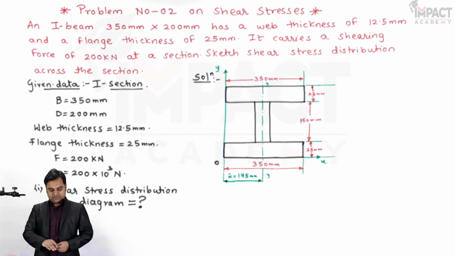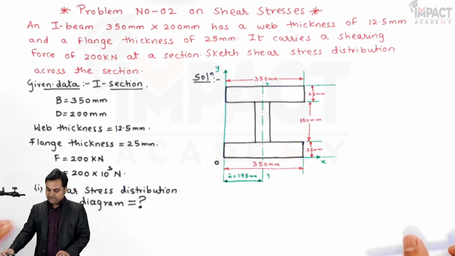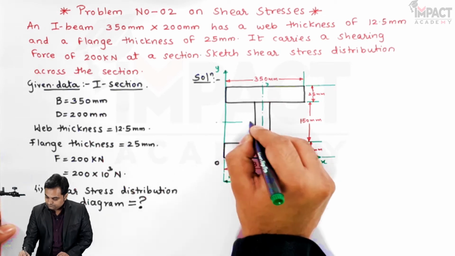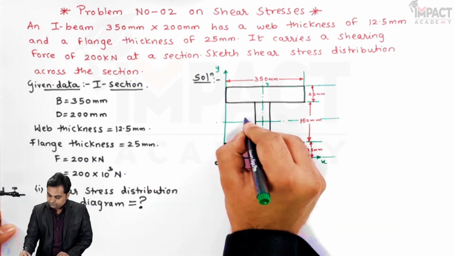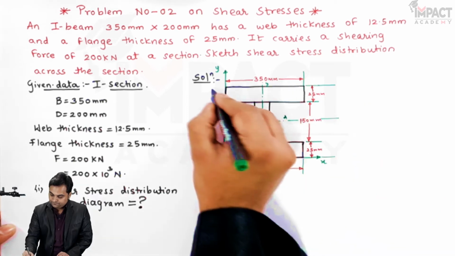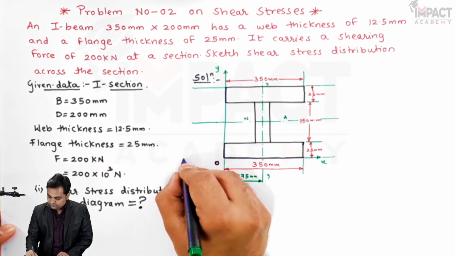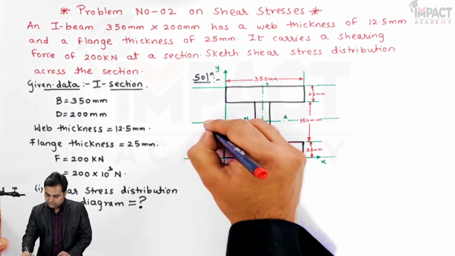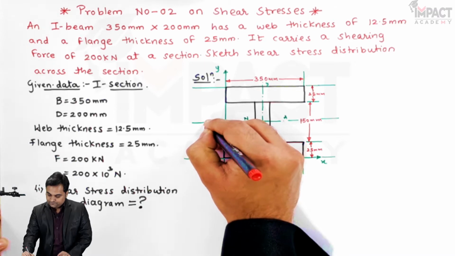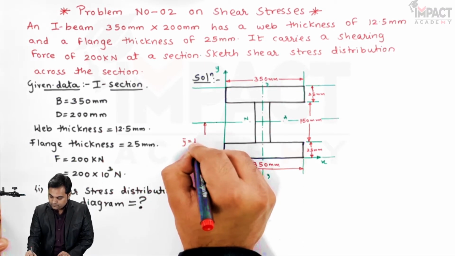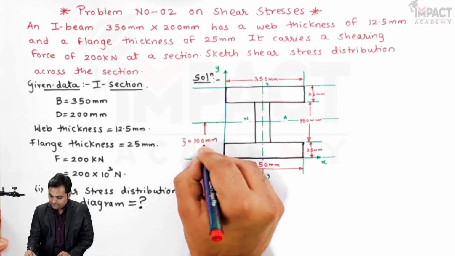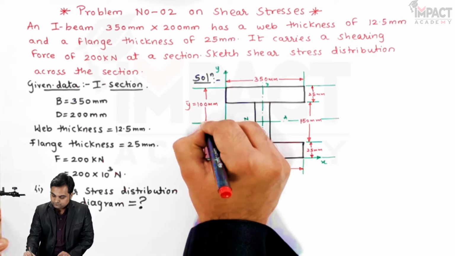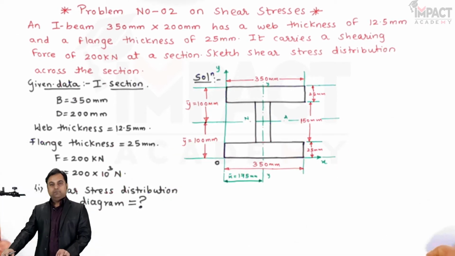Next, since it being a symmetric section, even the X axis would be at half of the total height, which is 200 mm. So here is the neutral axis, whose distance from the top and bottom are same, because here we have symmetric section. y bar is 100 mm from top as well as bottom.